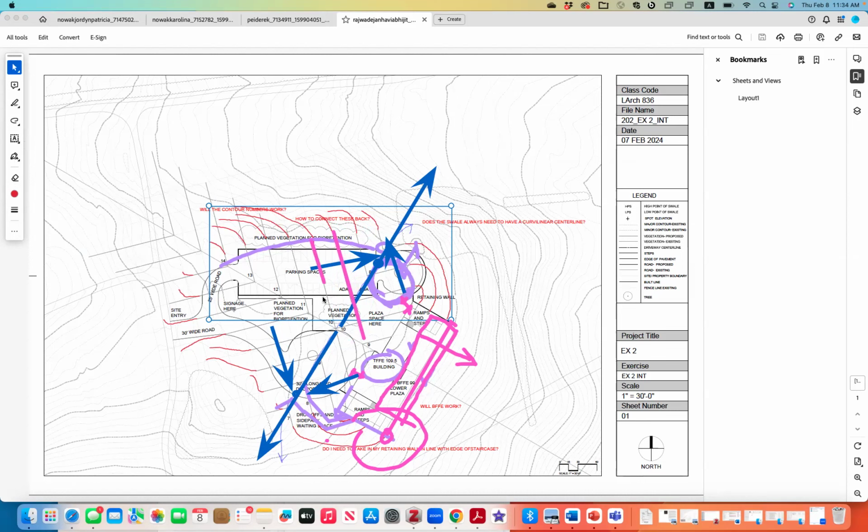I have this one, and then I keep going for one more, and then I have my swale. Hopefully, if I want to direct it away, I can even turn a little bit.